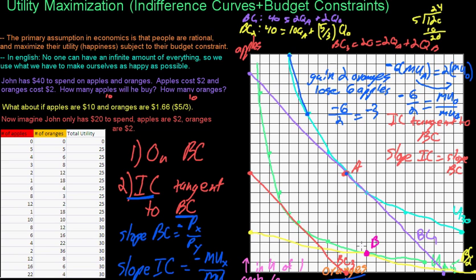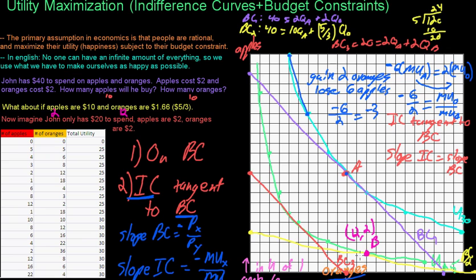So that will be 12 oranges and 2 apples. So he will buy 12 oranges and he will buy 2 apples for that exact same reason. And he could not be any happier given his resources and the prices of apples and oranges.